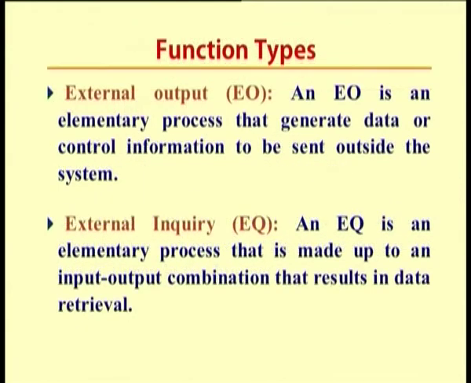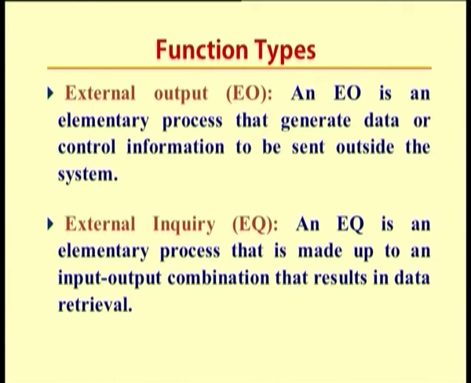An EO is an elementary process that generates data or control information to be sent out of the system. And an external inquiry, EQ, is an elementary process made up of an input-output combination that results in data retrieval. So anything that is stored in the database and is to be retrieved will be done with the inquiry.